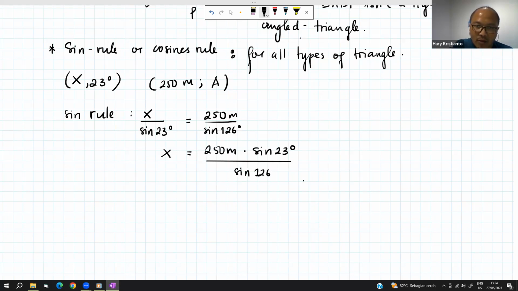I'm going to calculate this in my calculator, but still I need your answer. 250 times sine 23, close bracket, divided by sine 126.